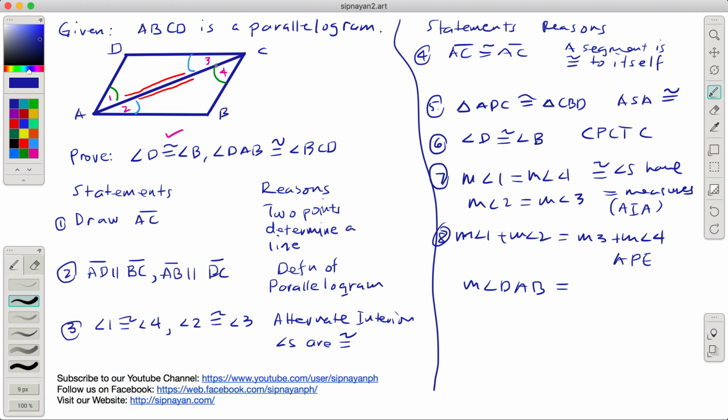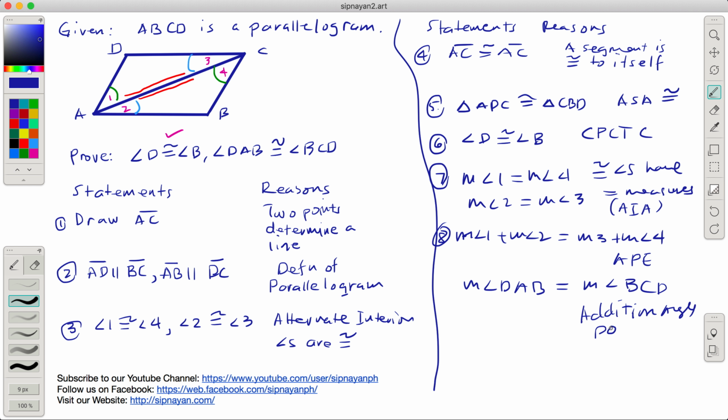So measure of angle 3 and angle 4 is actually measure of angle BCD. This is by the addition angle postulate.